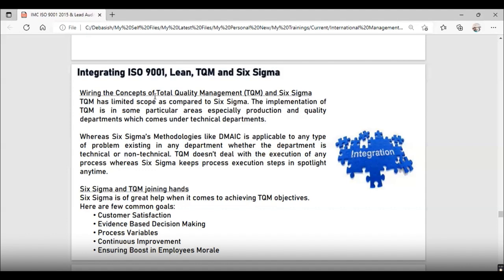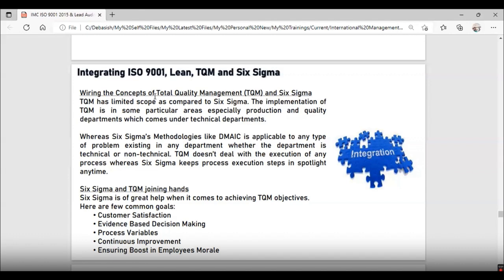If we try to compare Six Sigma and total quality management, how does it go? Both Six Sigma and total quality management are effective tools, as we understand, for quality management. But a thin line of difference does exist between them.